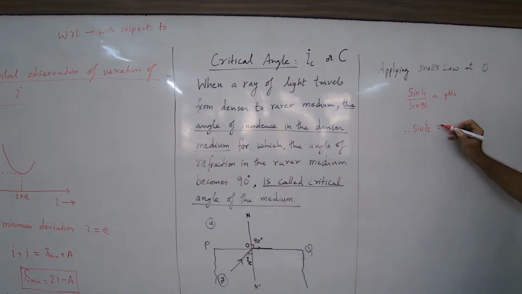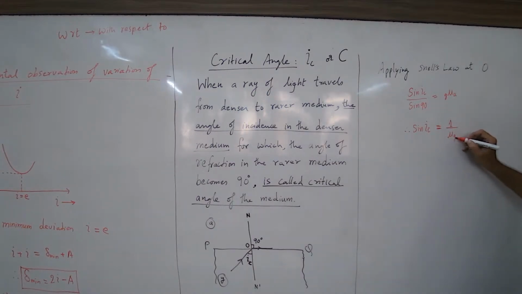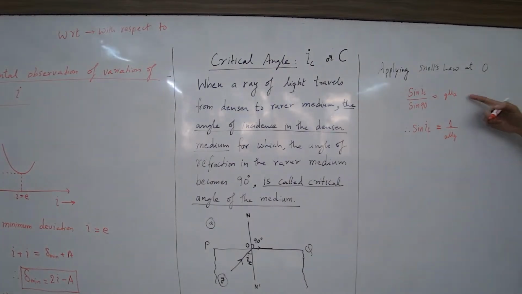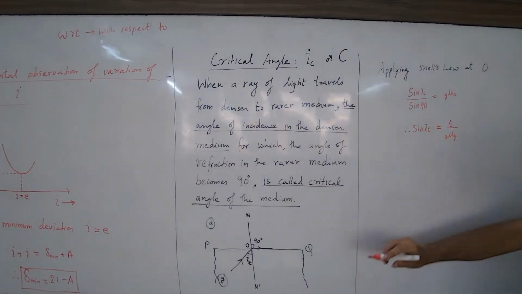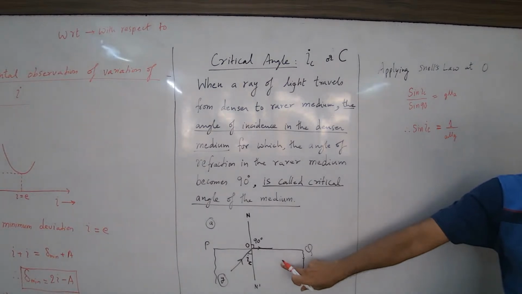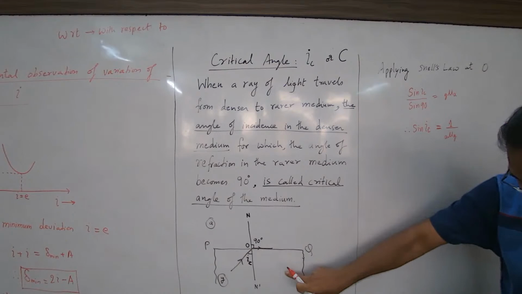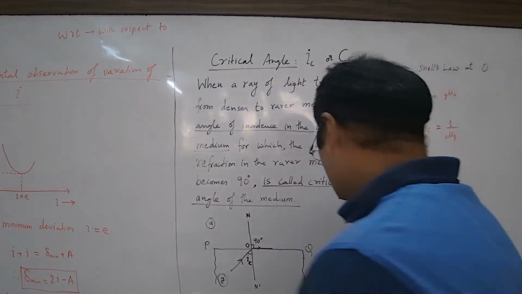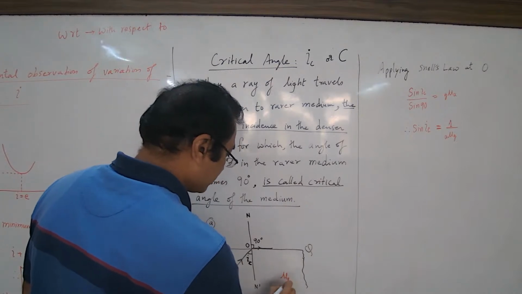Now, therefore, sine of Ic is equal to, what is it? Now, if I compare, I can write this as glass versus air, because there is a reciprocal. I change the medium, right? Now, critical angle is in the medium glass. So, how do you characterize the medium with its refractive index?